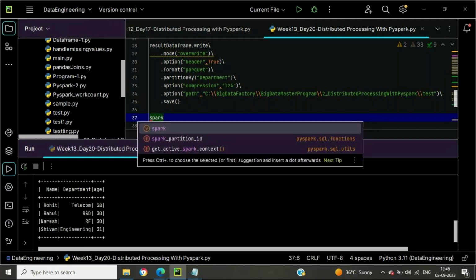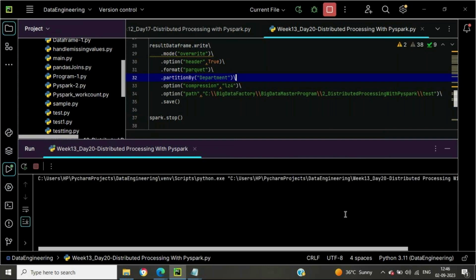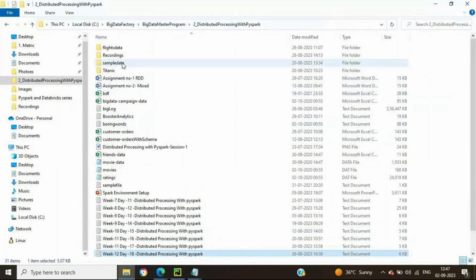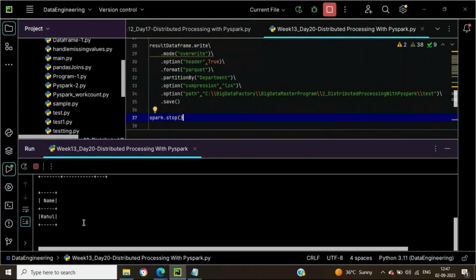This is the way to write the result data frame onto a specified location. Let me open this. The test folder will be created, and inside it we will have the departments. Execution has started, and soon we will get the outcome.